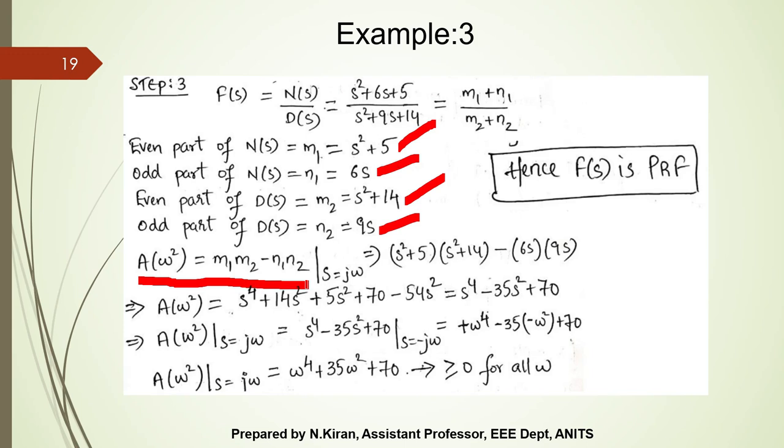When I substitute all the required values, I have obtained the expression as omega power 4 plus 35 omega square plus 70. So all the coefficients are positive. Therefore, there is no chance that this polynomial can be less than 0. For every value of omega, this expression will always be greater than or equal to 0. So the third condition is satisfied, hence the given function is a positive real function.